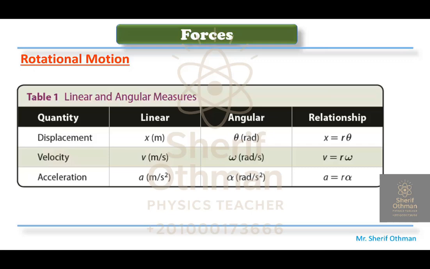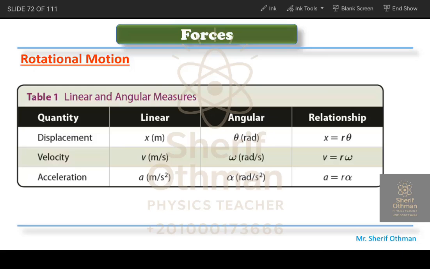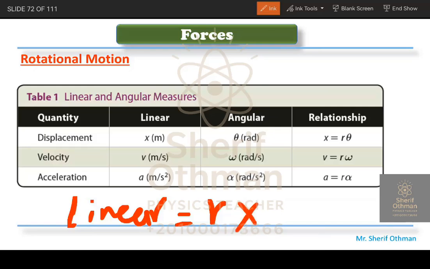The relation between, guys, linear motion and angular motion is: linear is equal to r, which represents the radius of the rotational motion, multiplied by angular.